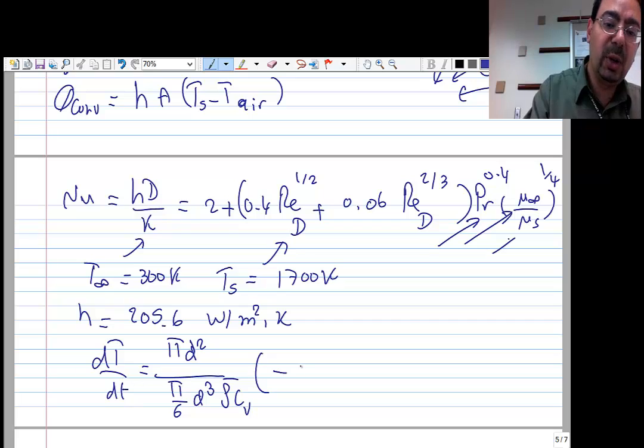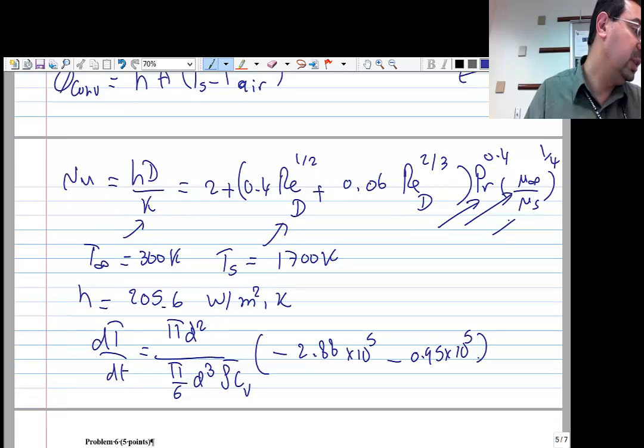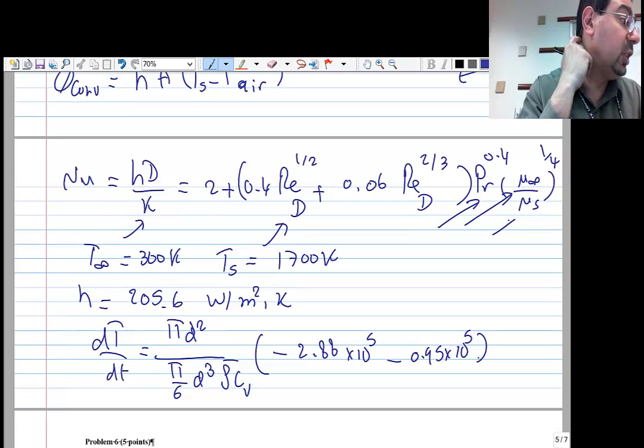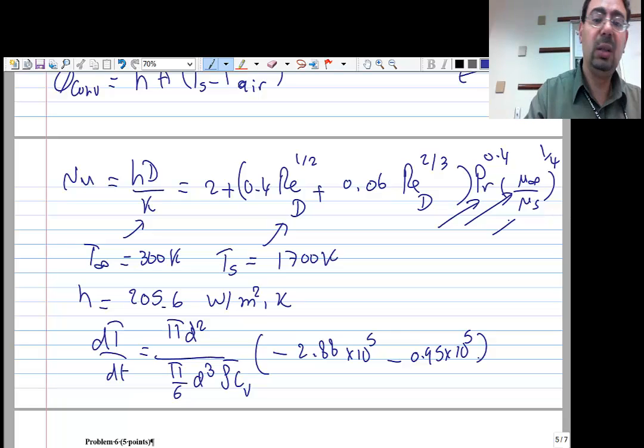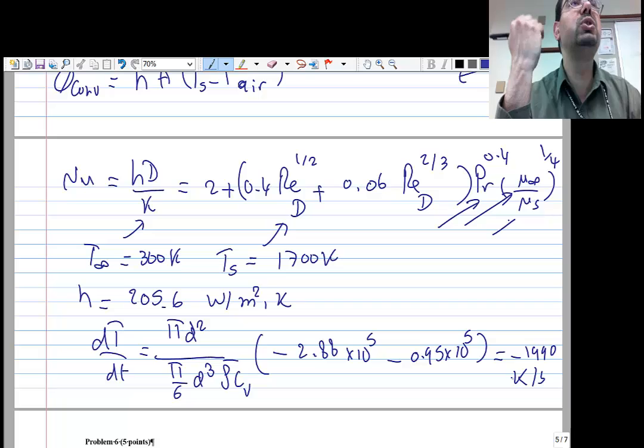Q convection is minus 2.88 times 10 to the power 5, per unit area, and minus 0.95 times 10 to the power 5 for Q radiation. You can see that the radiation cannot be neglected. It's actually more than the convection. Plugging in all the numbers, you get minus 1990 Kelvin per second.